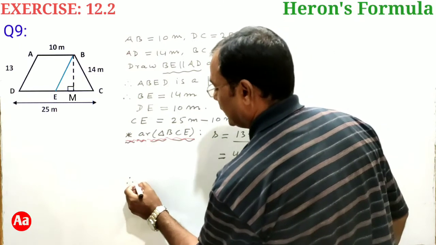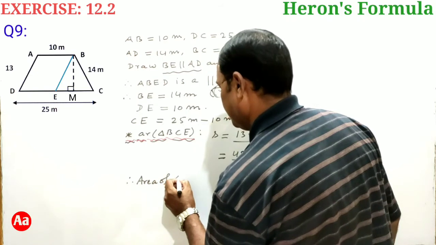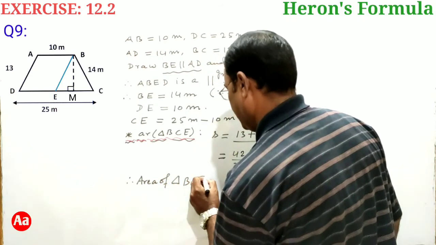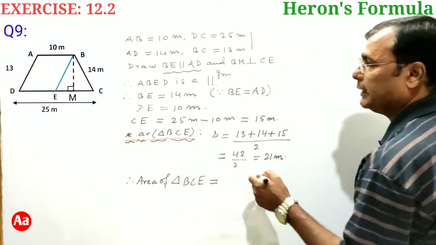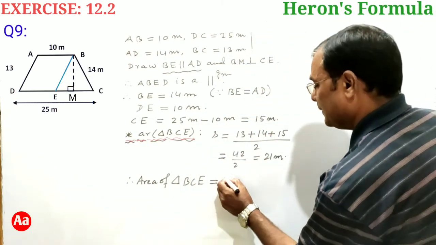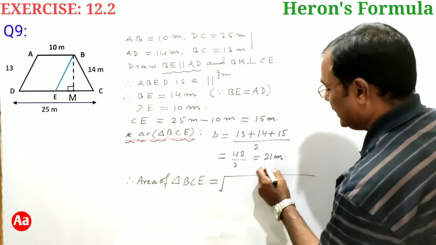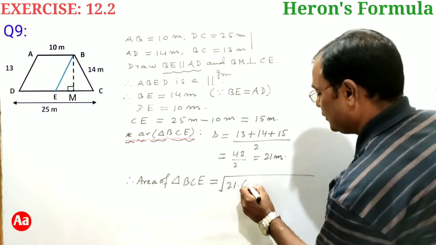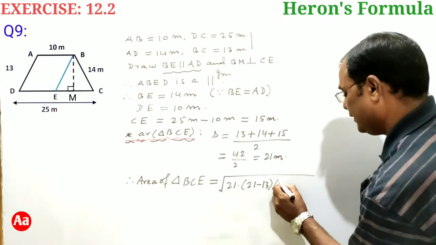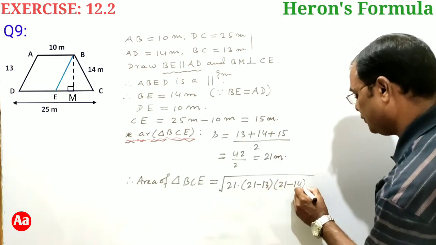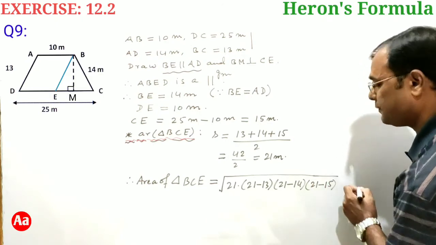Therefore, area of triangle BCE is equal to, using Heron's formula, under root S into S minus 13 into S minus 14 into S minus 15.